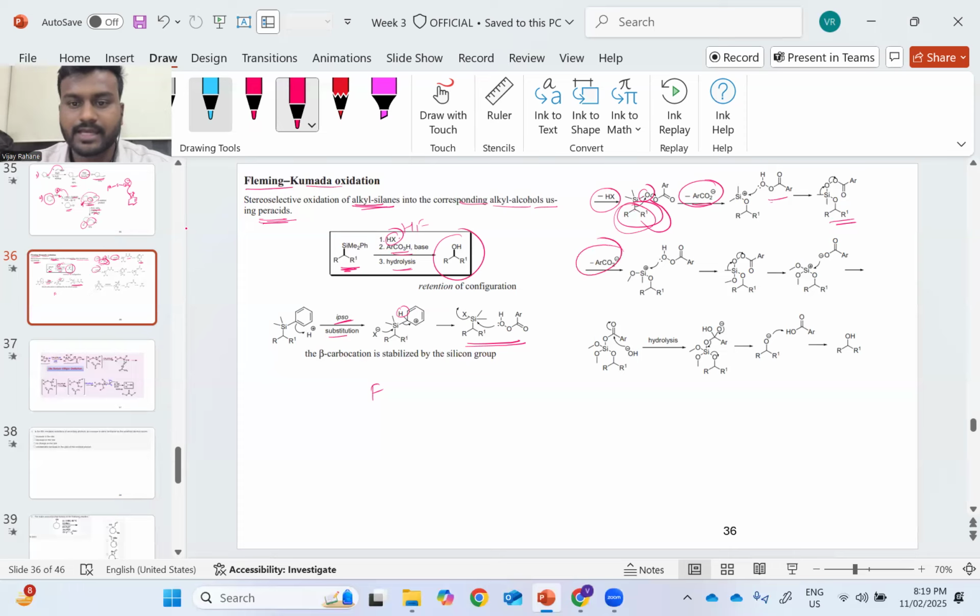and then again removal of the per acid. So here we utilized the first equivalent of the per acid, right? This is the second equivalent, and this is the third equivalent of the per acid.